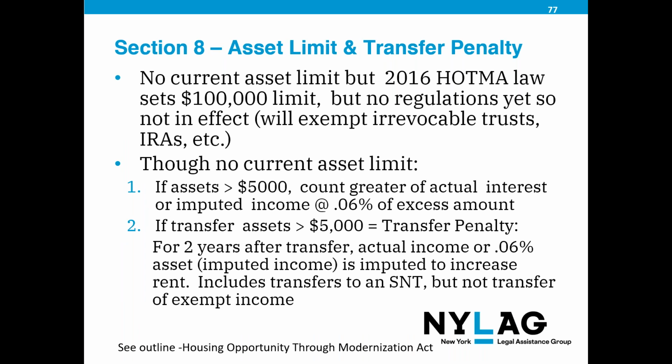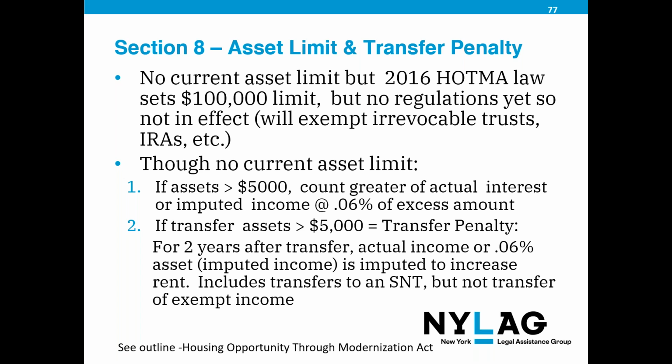There is no current asset limit, but a 2016 federal law set a $100,000 limit for Section 8, and I believe for public housing. But the last time I checked, there were still not regulations on this. So as far as I know, this is not yet in effect.